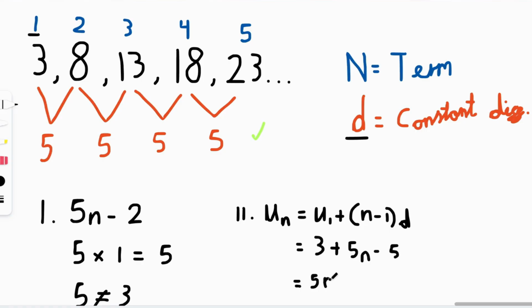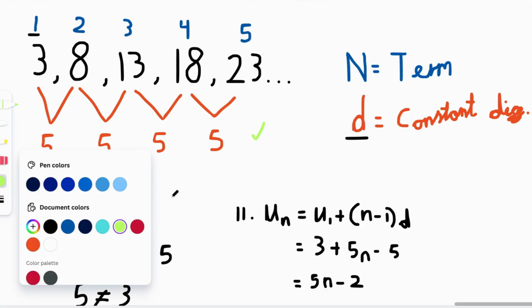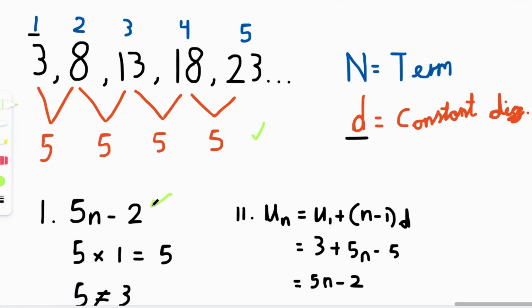Different methods, same answers. So yeah, both are valid. One's maybe a bit more mathematical, but yeah, 5n minus 2 would be your nth term or general rule. Both are correct, fine.